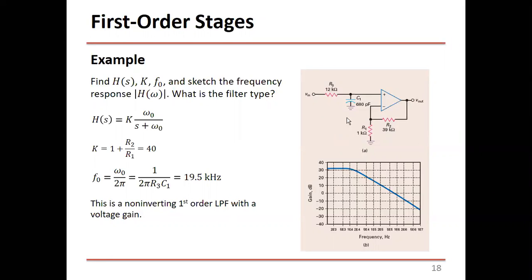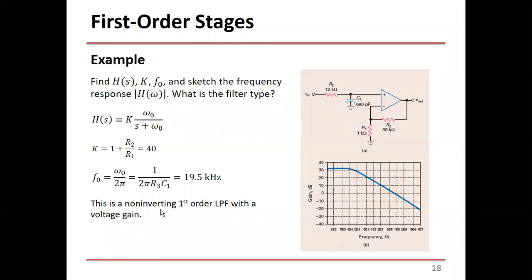If you calculate K, it's going to be 40. So the gain is 40. And the frequency omega 0, as we mentioned before, is going to be 1 over R3 C1. It happens that this R is R3 now, not R1. So it's 1 over R3 C1. And if you'd like to find it in hertz, you have to divide this by 2 pi. So this is going to be 19.5 kilohertz.